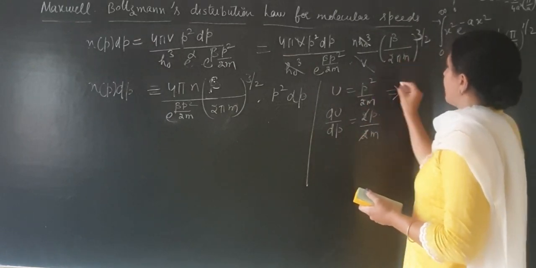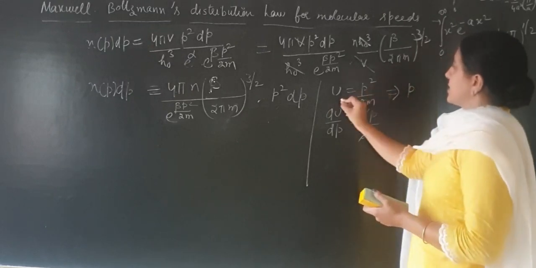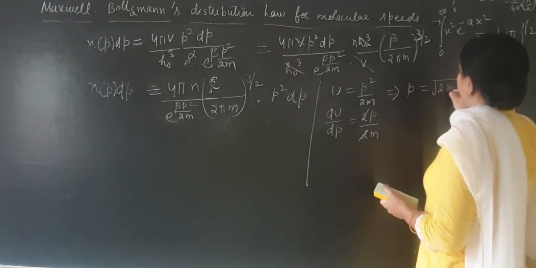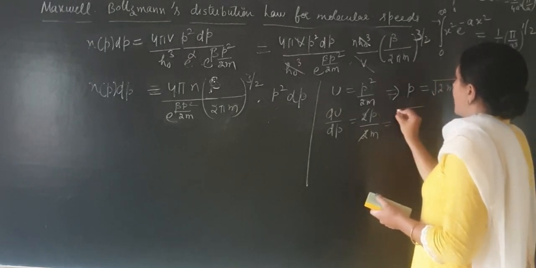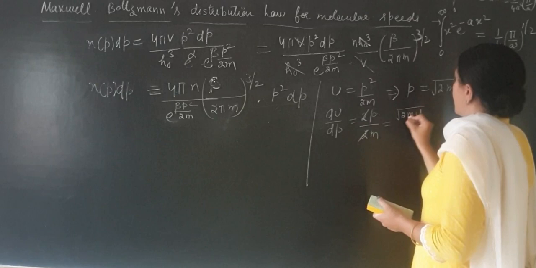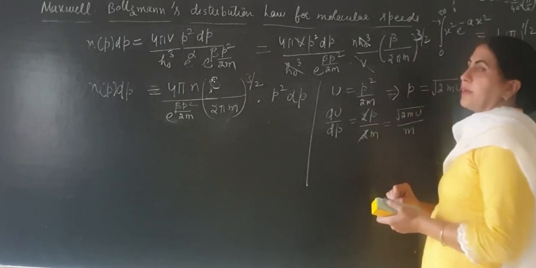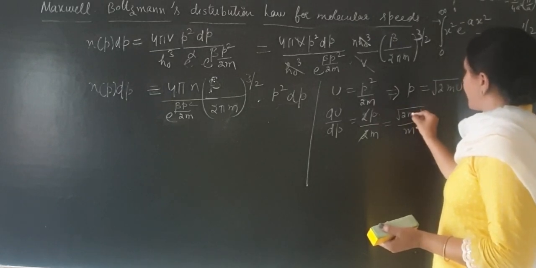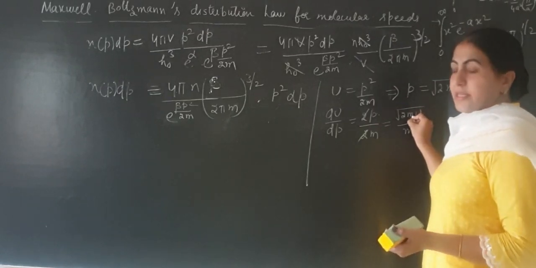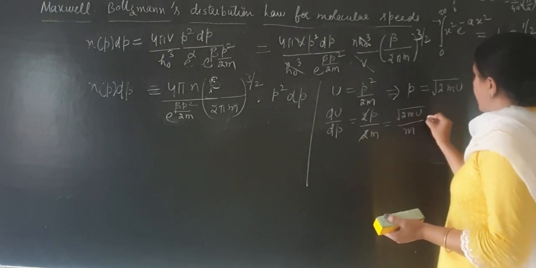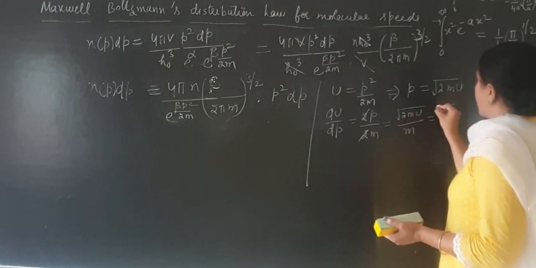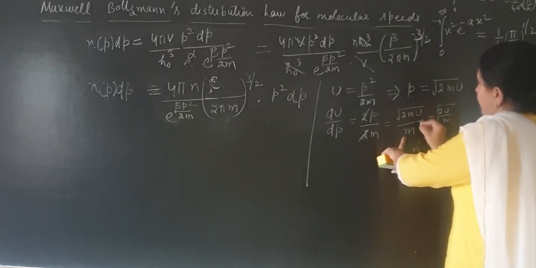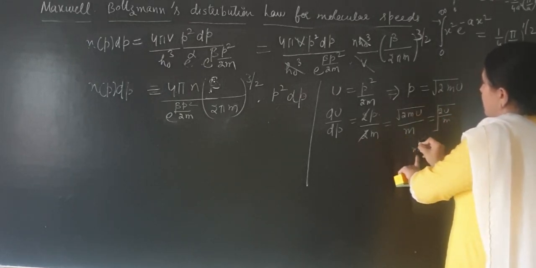From this, p square is equal to 2mu, and p is equal to under root of 2mu.